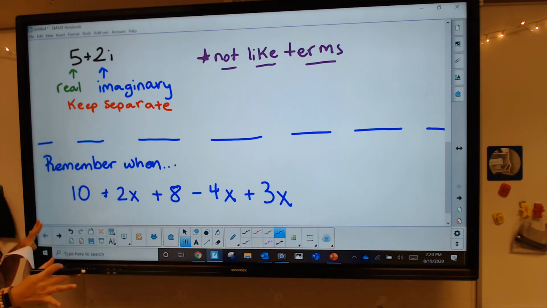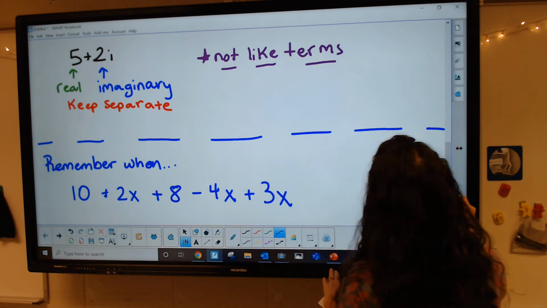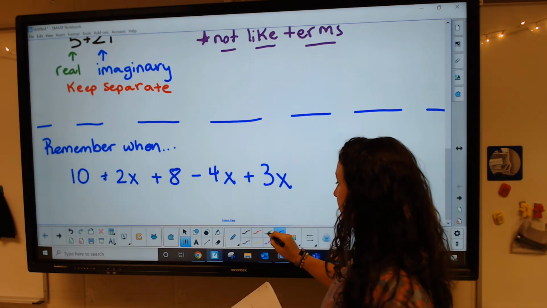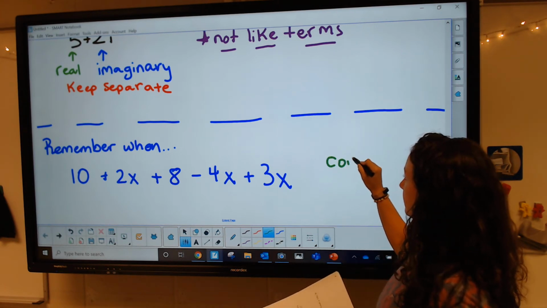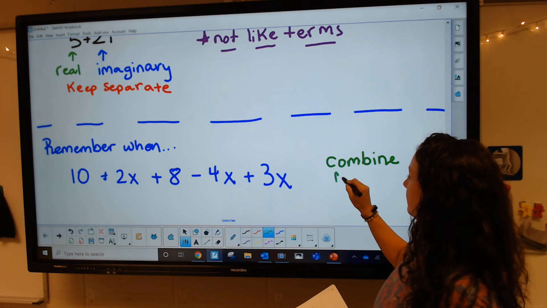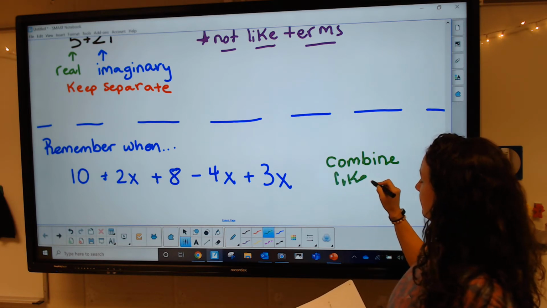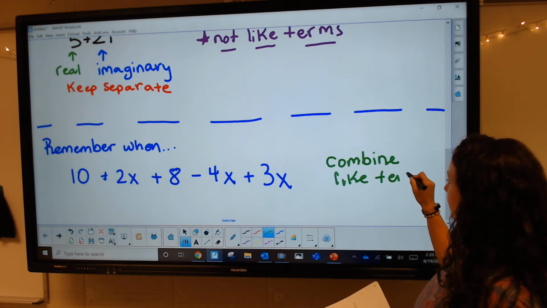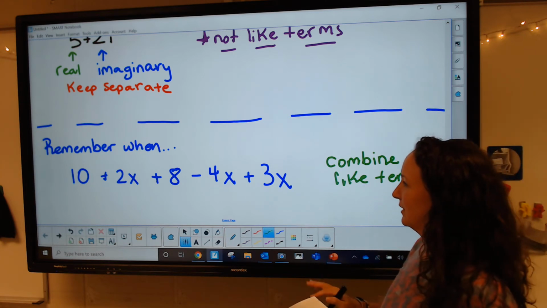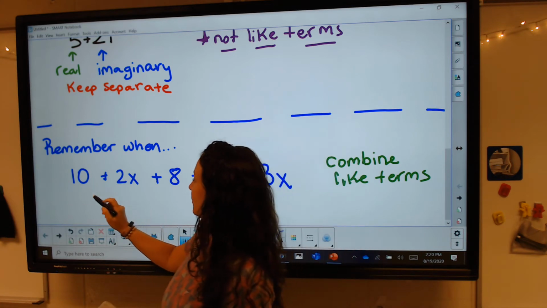So this is just one big long addition and subtraction, and we are going to combine like terms. I'm sorry this looks so messy. I'm learning how to use this board. It's kind of tricky.